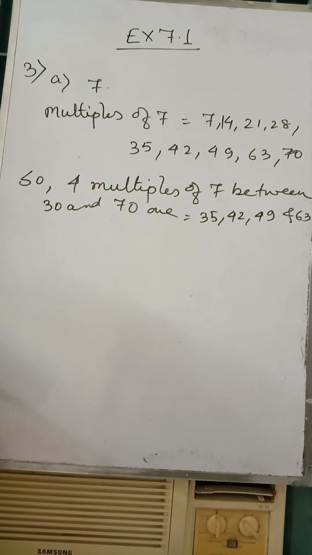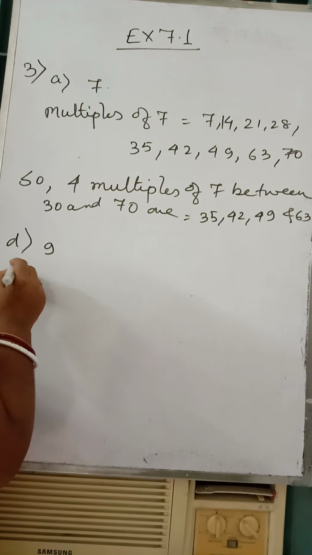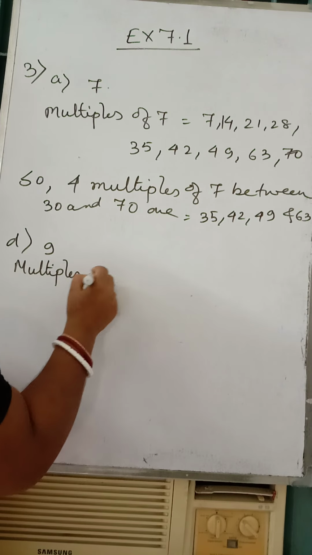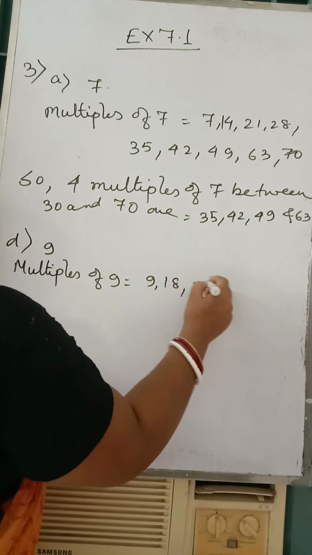Then you see D, 9. So multiples of 9 are 9, 18, 27.